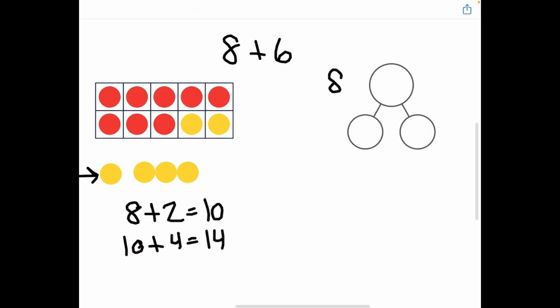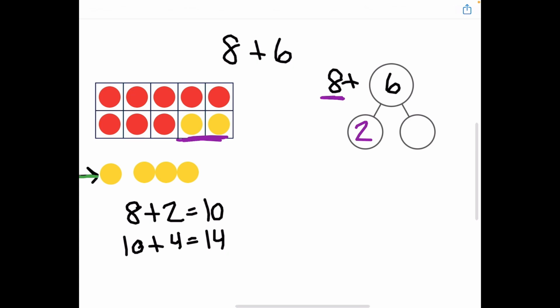So again, 8 plus 6. First thing I want to figure out is how many more do I need to add on to 8 to make 10? We see from our number bond, we had to add 2 more on. So I will place 2 here. Then, I've got to remember, I took 2 from this 6. So how much is left? What's the other part?